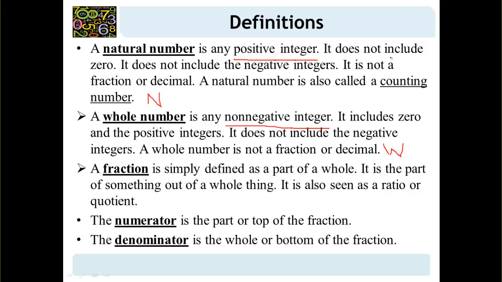It is the part of something out of a whole thing. It is also seen as a ratio or quotient. The numerator is the top part of the fraction, which is the part, and the denominator is the whole or the bottom of the fraction.